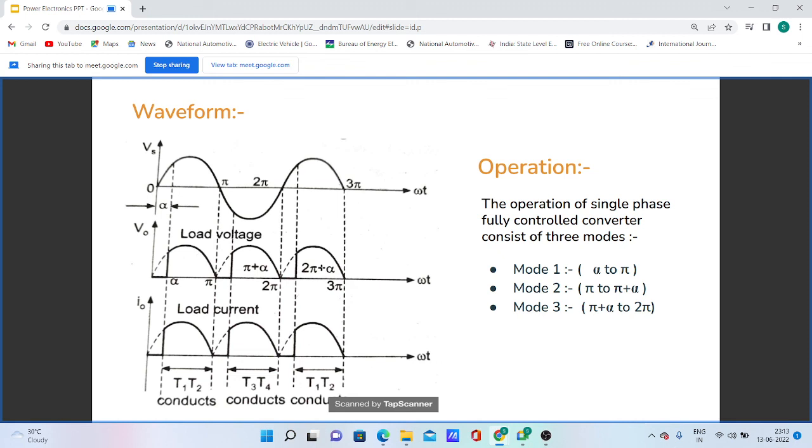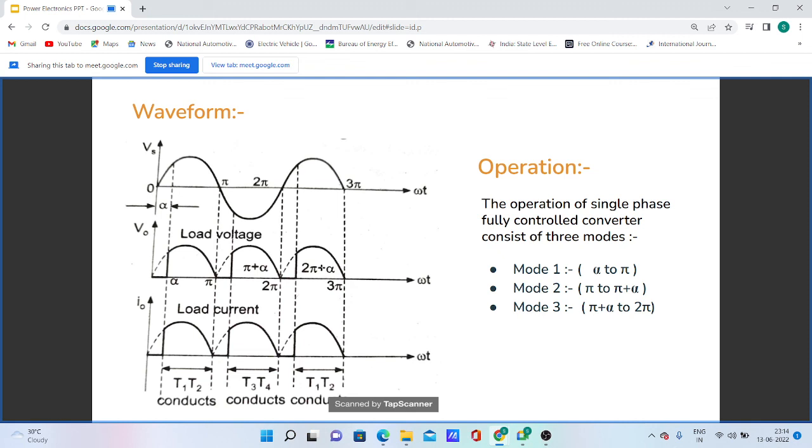For mode 3, which is from pi plus alpha to 2 pi, at instant omega t equals pi plus alpha, that is during negative half cycle of AC input voltage, the SCRs T2 and T4 are fired. Therefore, the load is directly connected to supply voltage, and average output voltage is equal to instantaneous supply voltage, that is V0 equals Vs. The load voltage is positive and load current is continuous positive.